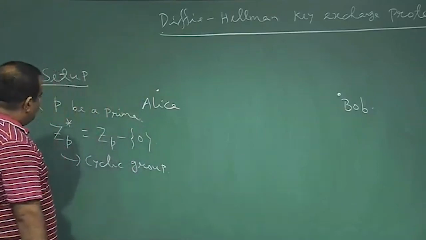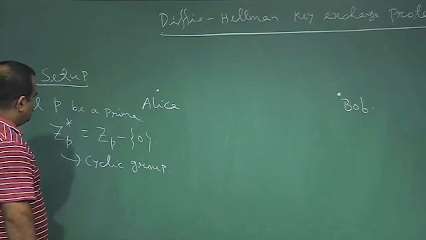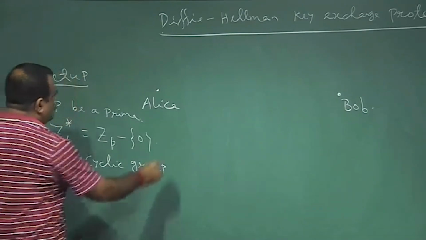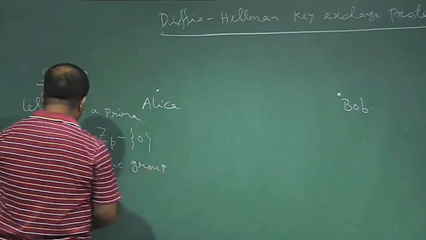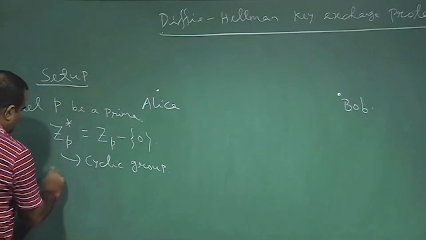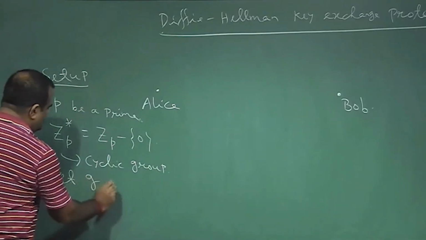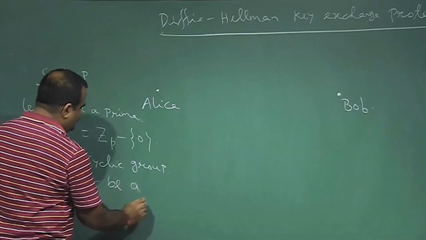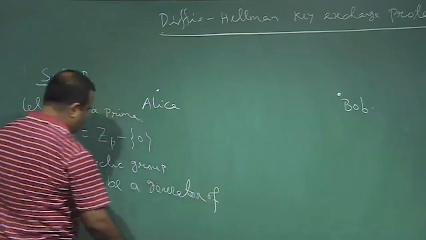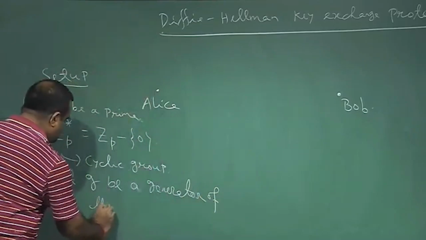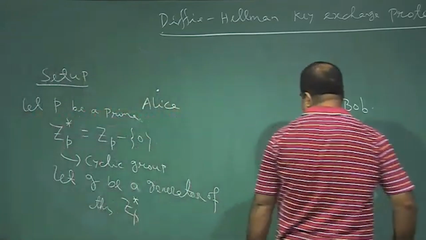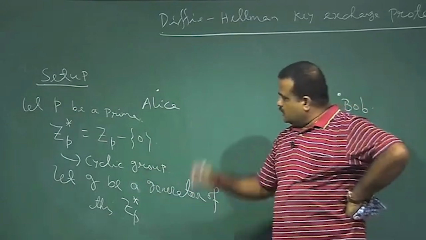So now, this is a cyclic group, so let G be a generator of this cyclic group Zp star. They choose a generator.